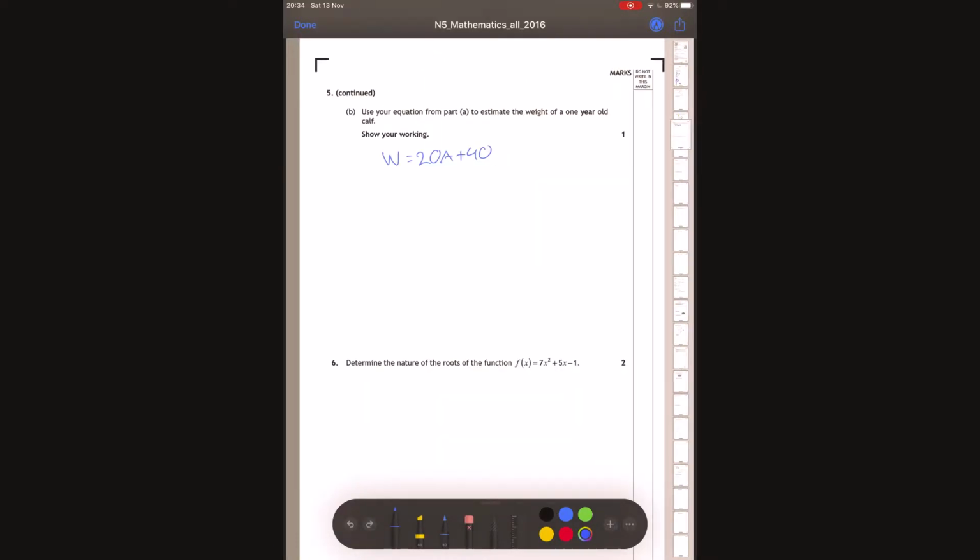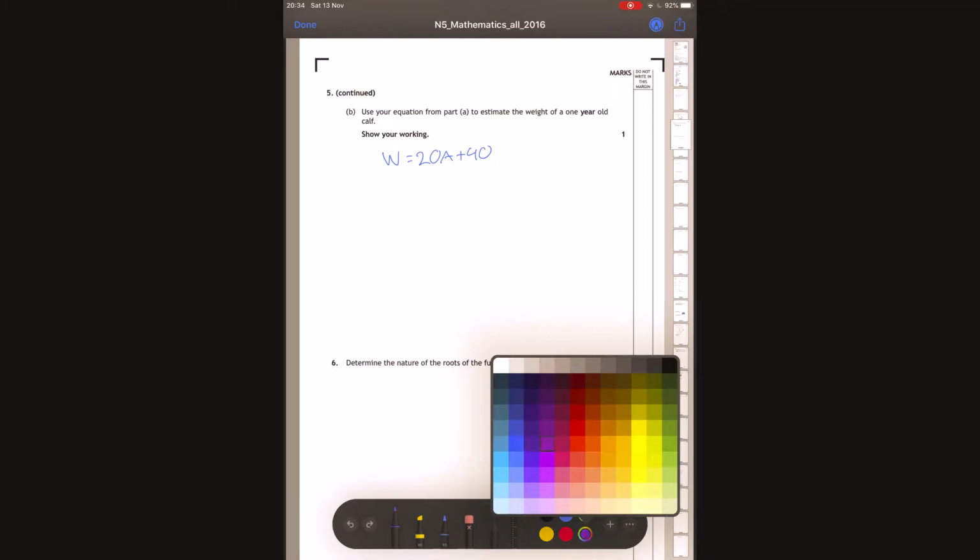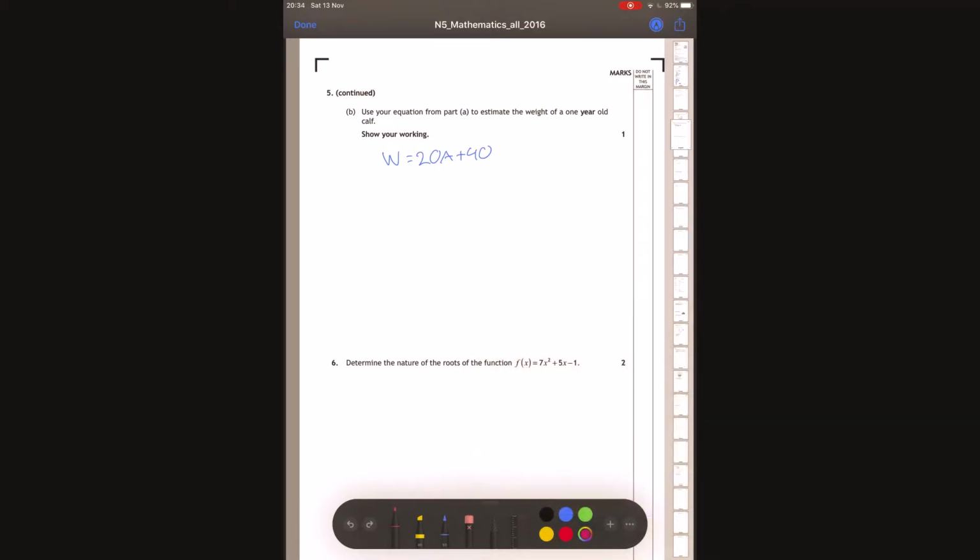So we're going to use our equation that we just made. And what are we told here? Well, we are told that we need to estimate the weight of a 1-year-old calf. So we're trying to find W, and we're told an A value. But remember, you have to be careful here, because this A represents months, not years.